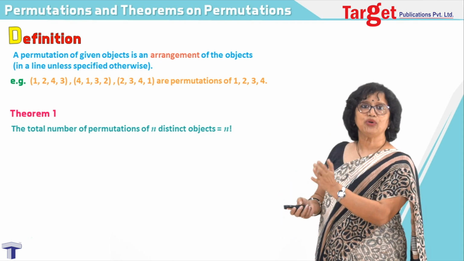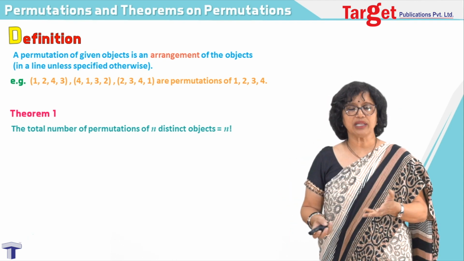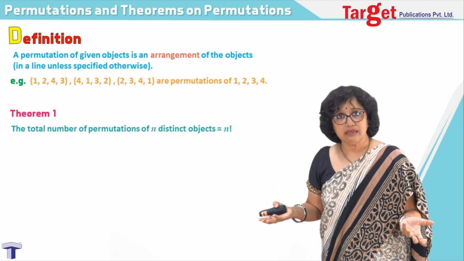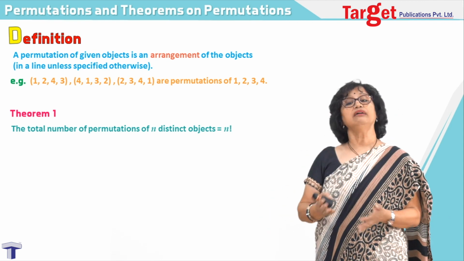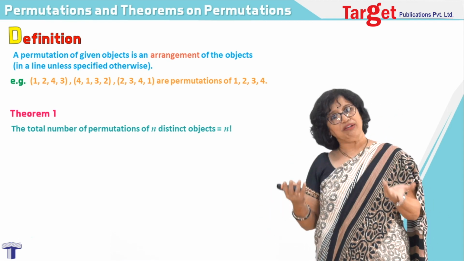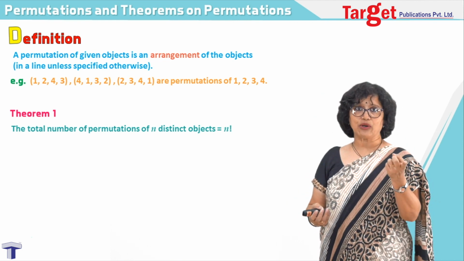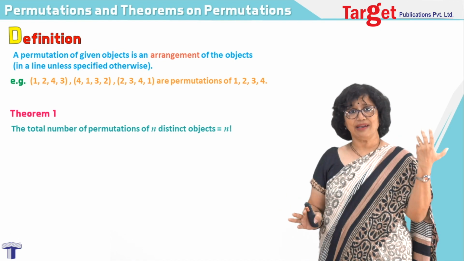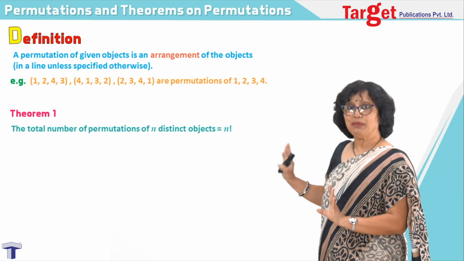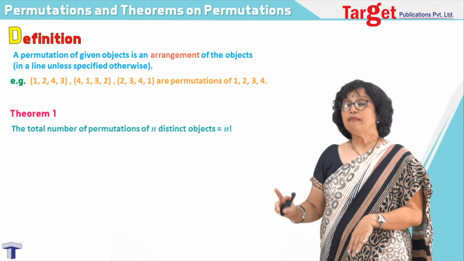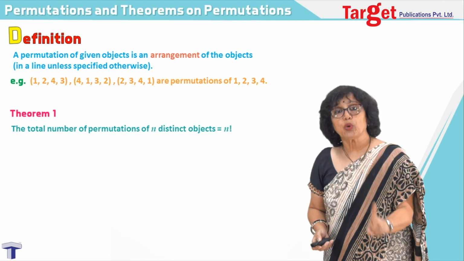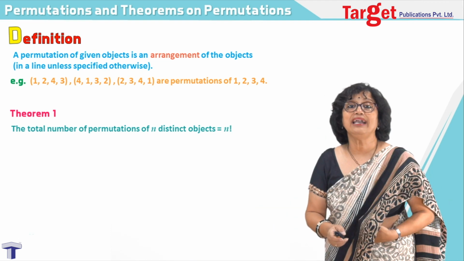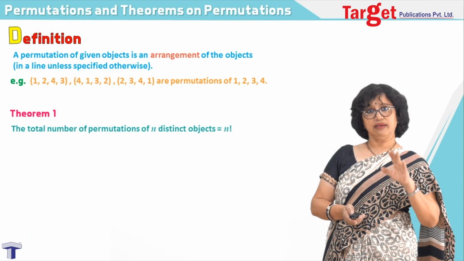That means 4 into 3 into 2 into 1, which is nothing but 4 factorial. So we had 4 distinct digits, we were asked to make a 4-digit number, in how many ways can it be done? My answer was 4 factorial. Same thing, without mentioning the theorem, I have already done once with you. Now let me do it once for all formally. The theorem says the total number of permutations of n distinct objects is n factorial, right?